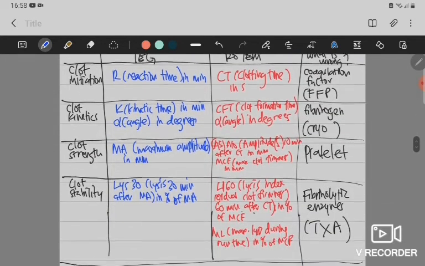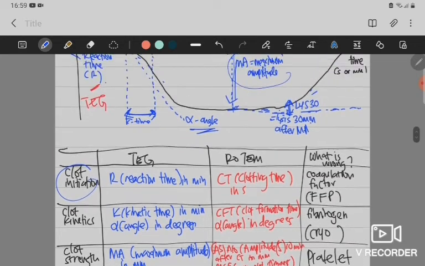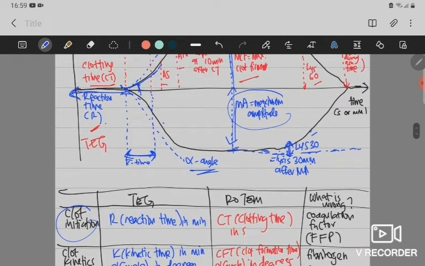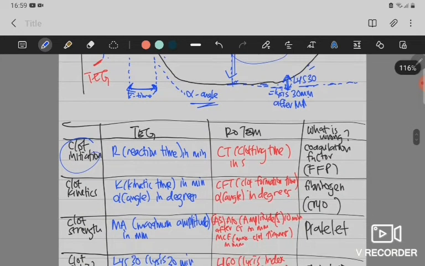So how to make sense of all this is basically, as I mentioned earlier, we divide into either clot initiation, clot kinetics, clot strength, or clot stability. So the R time refers to the clot initiation, as you see earlier, the time when the clot starts to occur.